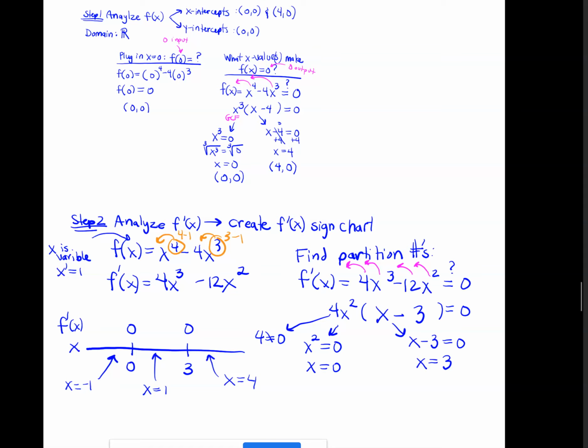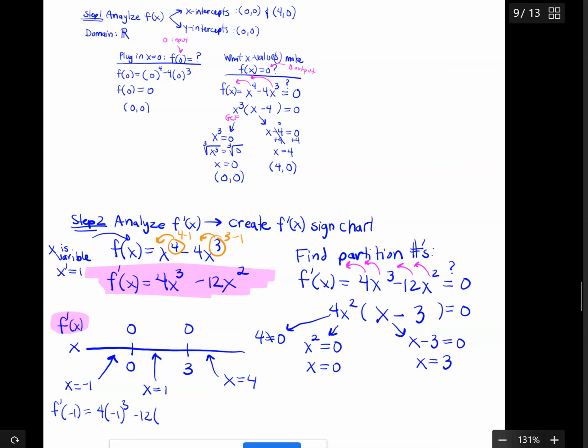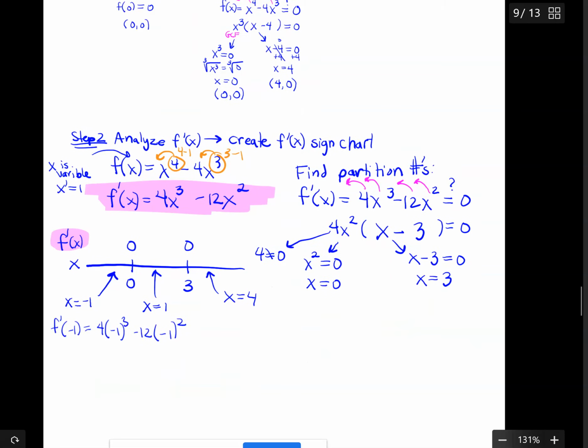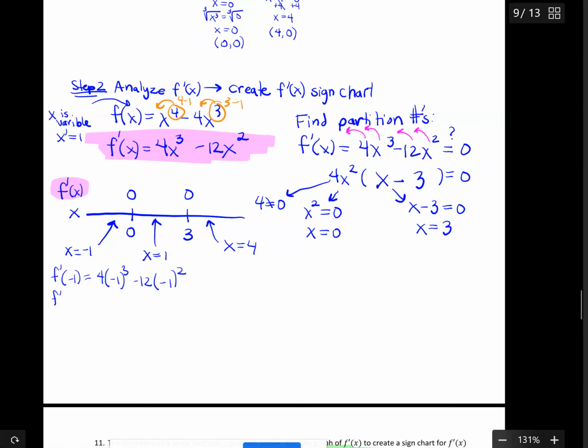Let's do our second test point here. Let's do +1. Okay, so that gave me 4 minus 12, so still a negative? Can anyone confirm that one, that that's still a negative there? Yeah, okay, cool. And it's okay. We'll interpret that later. Right now we're just creating the sign chart.